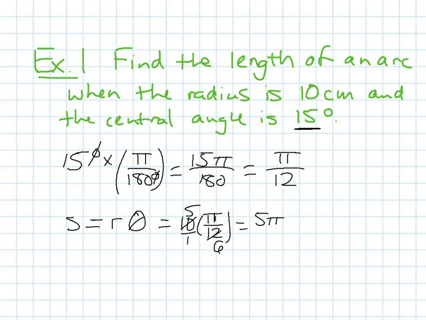That gives me 5 pi over 6, and that would be in centimeters. Just like I said, centimeters trumps radians. Even though this is radians, this one's centimeters. So centimeters trumps rads, and that's what my label would be.